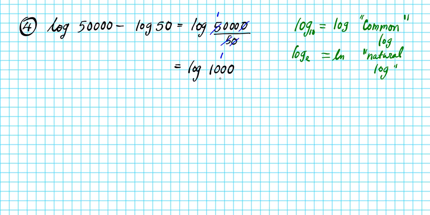Can 1000 be written as a power of 10? Absolutely. 1000 is 10 to the third power. See the number of zeros there? There's an imaginary 10 here as the base, so it matches the base of the exponential term, and they cancel each other out. Your final answer is going to be 3.